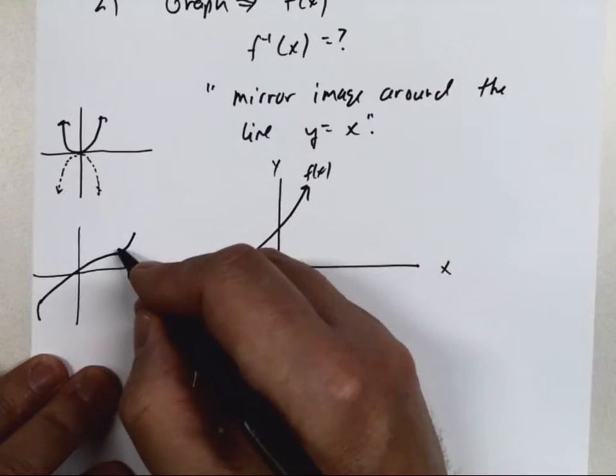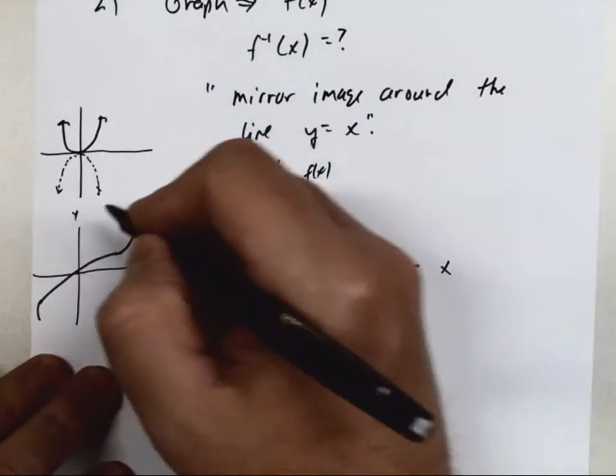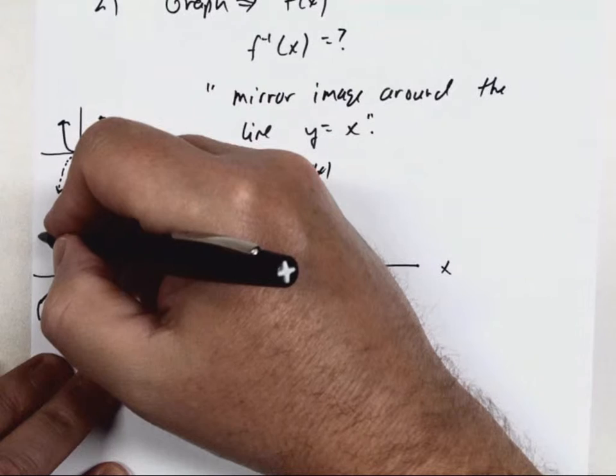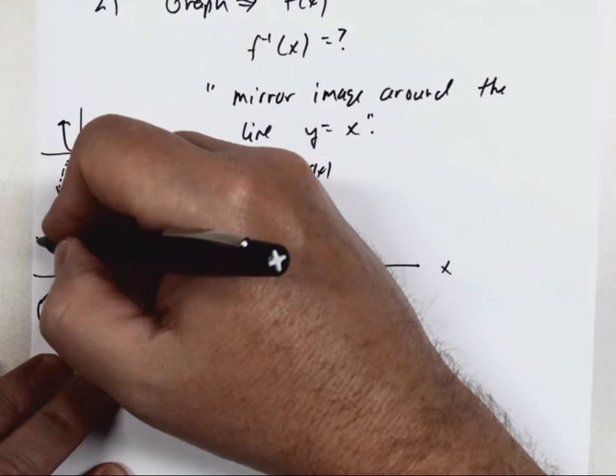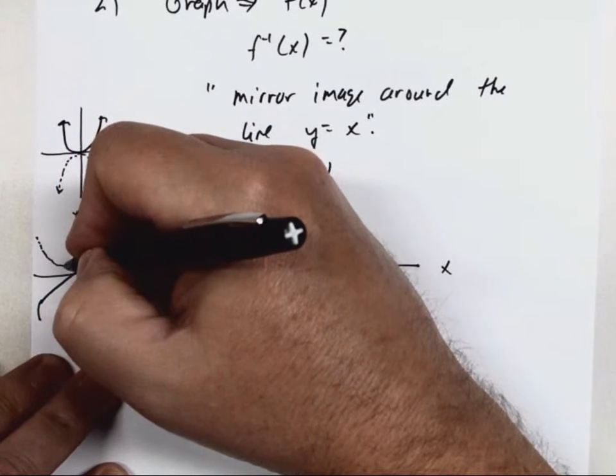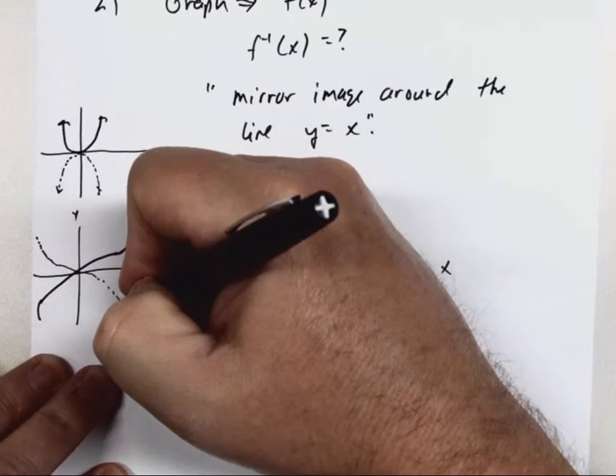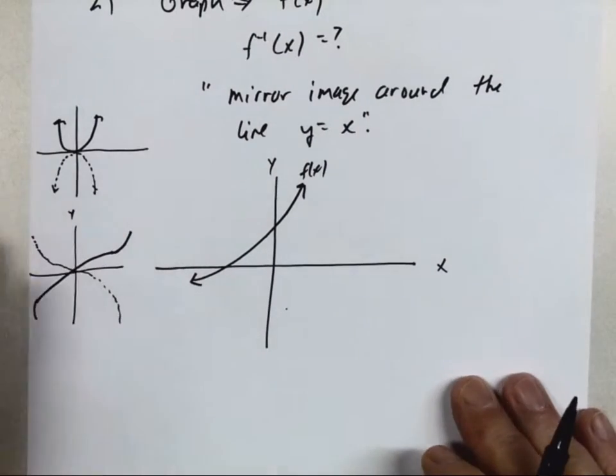If you want to do a mirror image around the y-axis, then it becomes maybe hard to draw. Right? It's like you flip it.